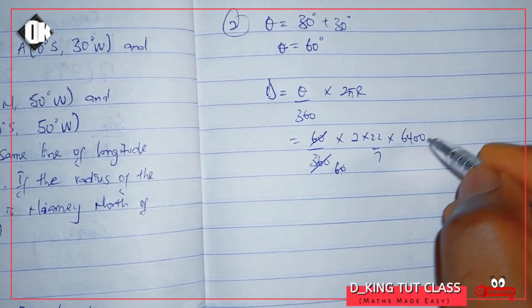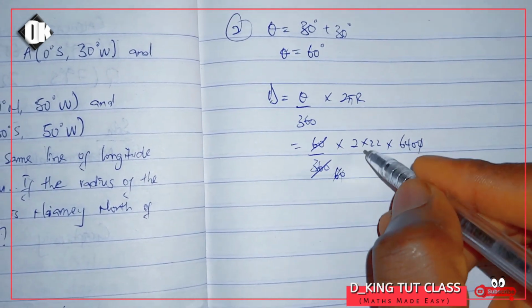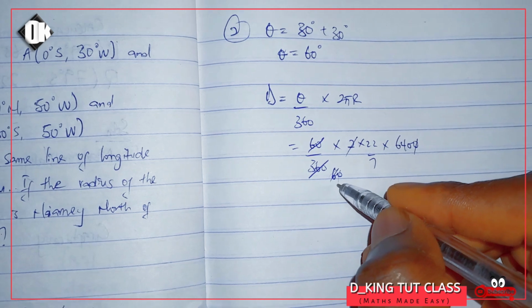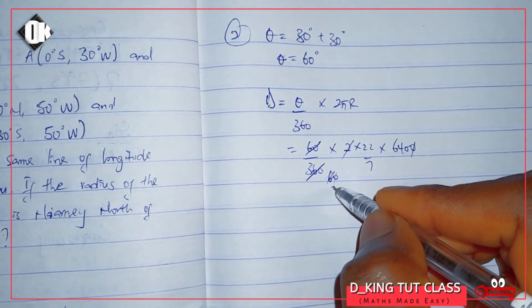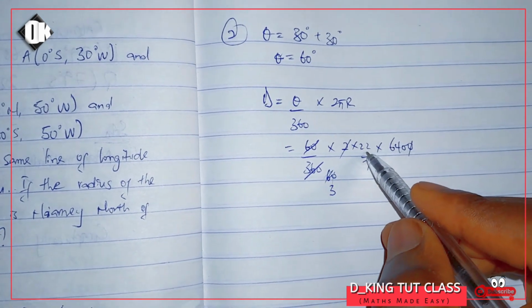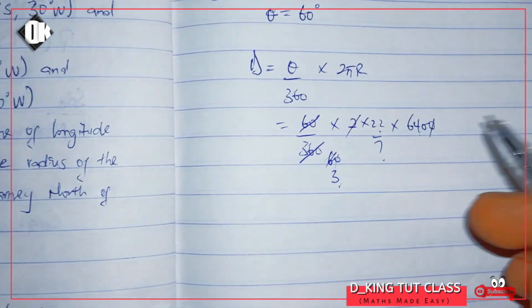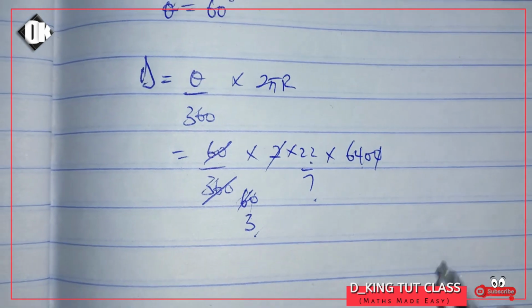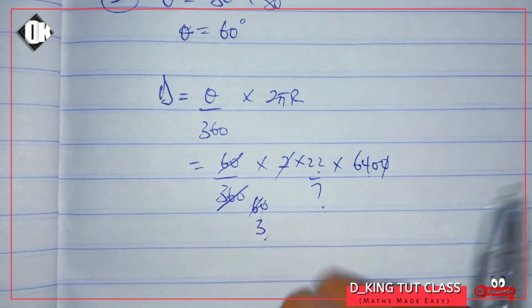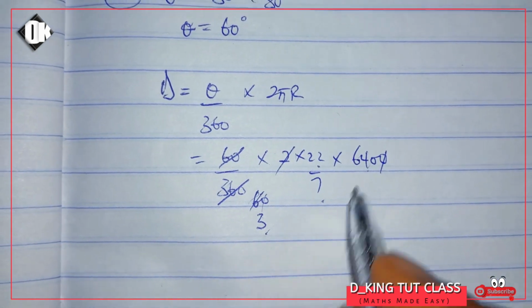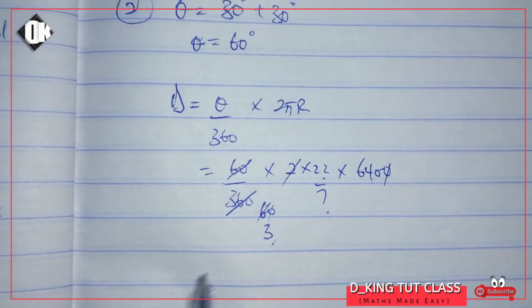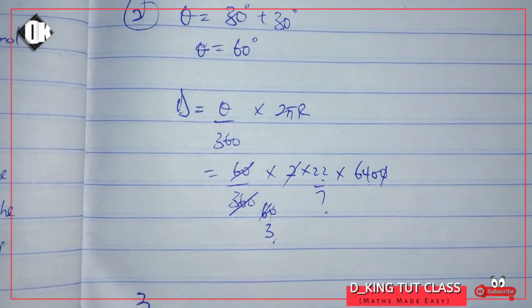So 0 cancels 0 here, 2 cancels 2, remains 3. So I have 22 times 64 over 21 basically. The same thing that I did, you can do for this also by finding the logarithm and antilogarithm of this number, or just multiply with your calculator and get your answer. So that's for number 2.